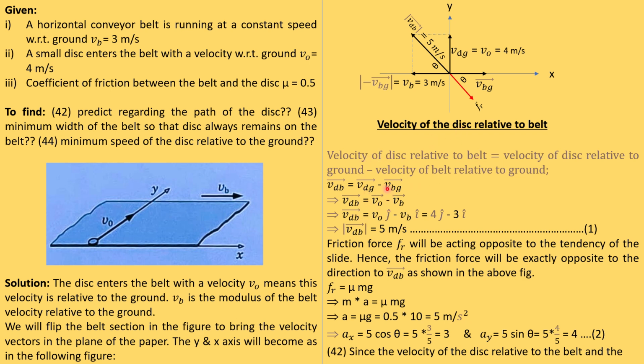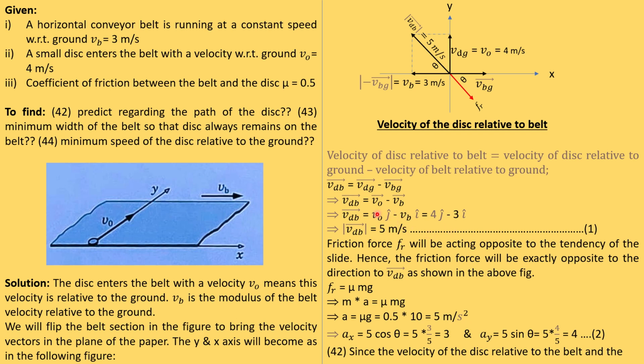Vdg, we know that it is V0. Vbg, we know that it is Vb in the x direction, so we can include the i unit vector, and for Vdg we can include the unit vector in the y direction, that is j.